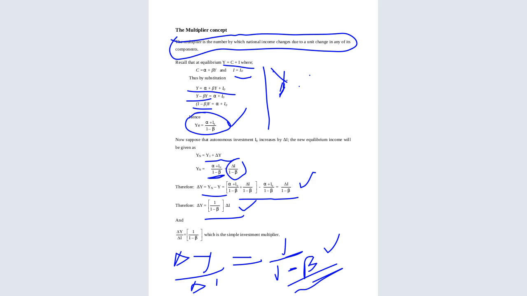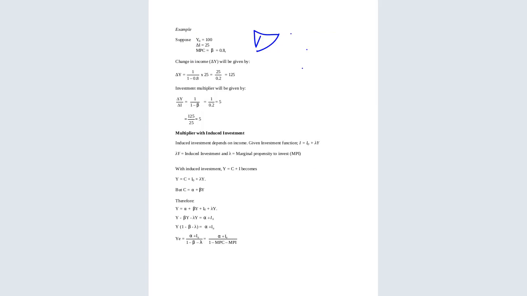The change in Y is given as 1 over 1 minus beta times investment. That is what we have here. You can cross multiply here and get the change in Y. Now, our new Y would be 125.